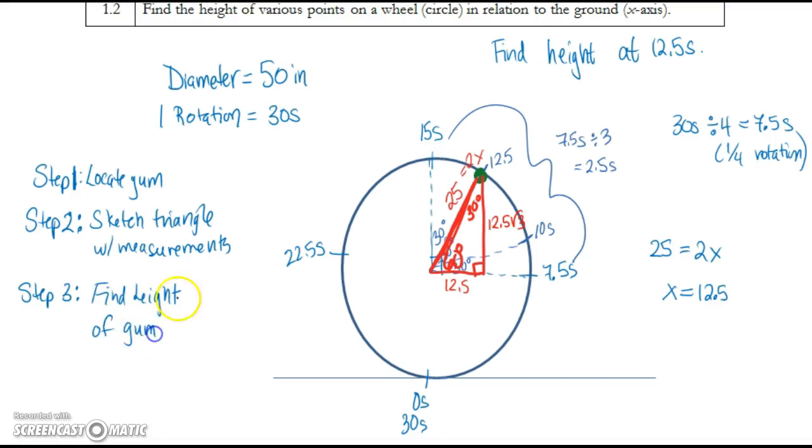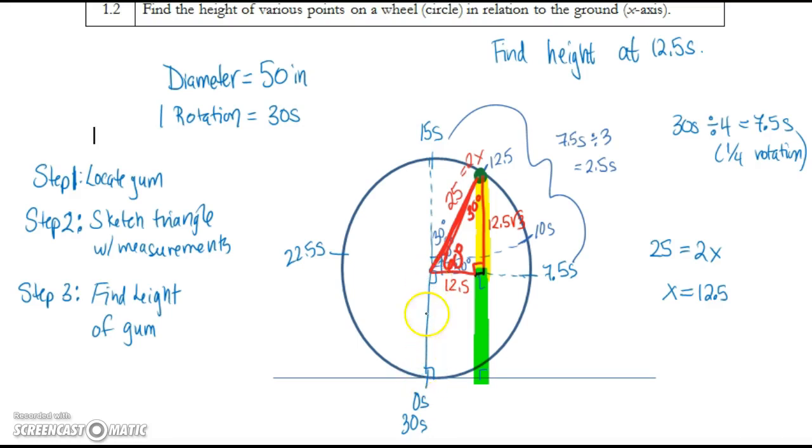So we have to figure out how far that gum is from the ground. Well, if we look at it in two pieces, this yellow piece right here and this green piece, if we add the yellow and the green together, we really have the total height of the gum. We know the length of the yellow segment is 12.5 root 3, and the length of the green segment is going to be the same as the radius because we really have rectangles down here.